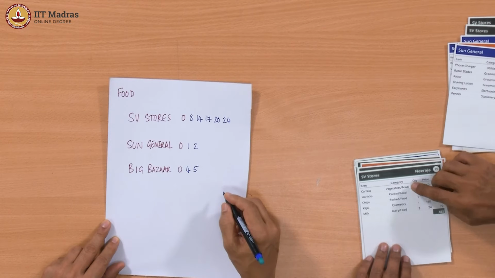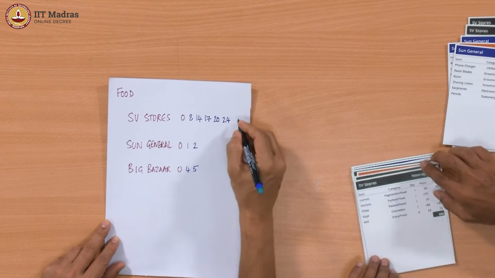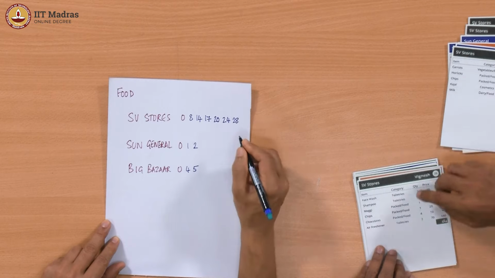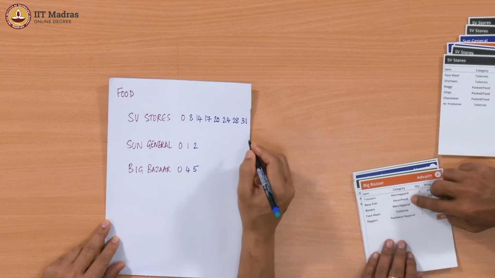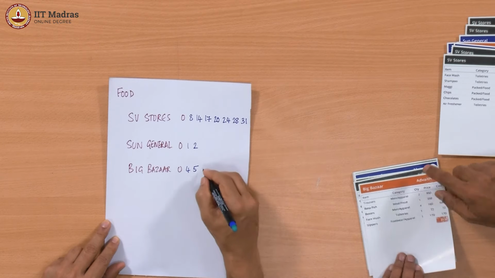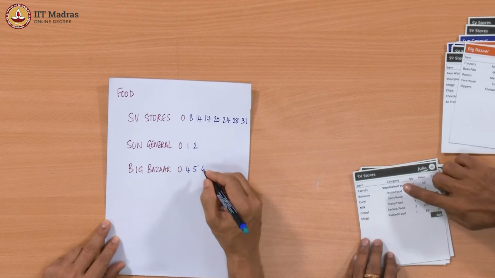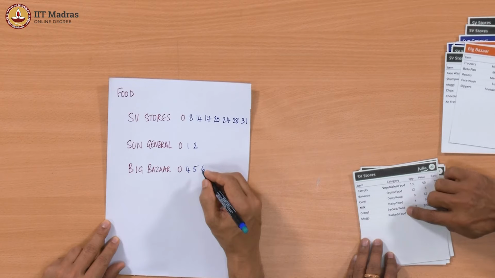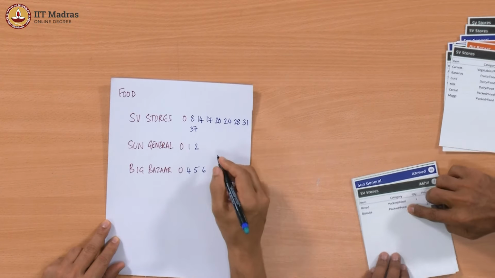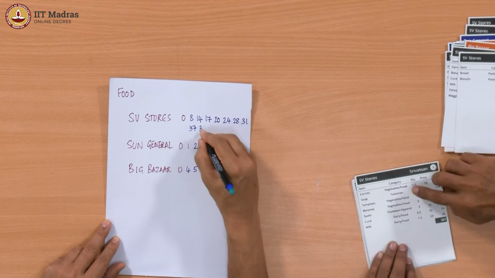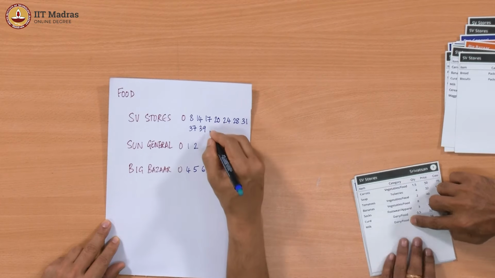SV Stores 4, so 28 now. Then 3, 31. Big Bazaar 1, so 6 for Big Bazaar. SV Stores 6, so now 37. Then 2, 39. Then 5, 44.